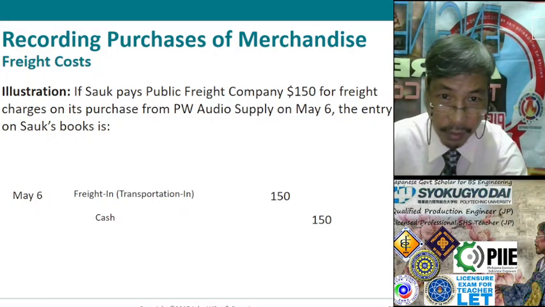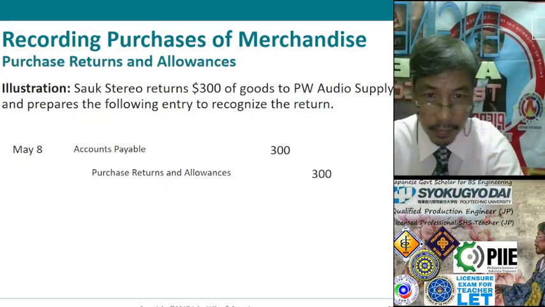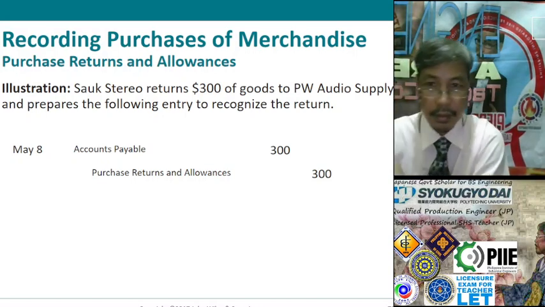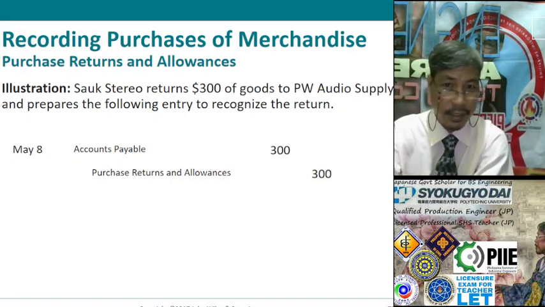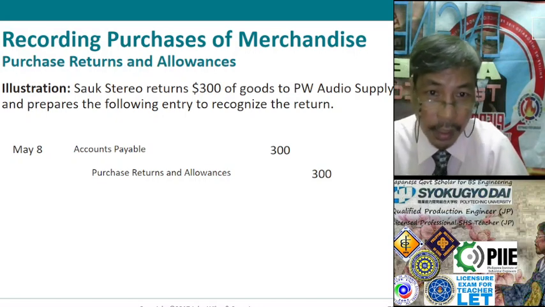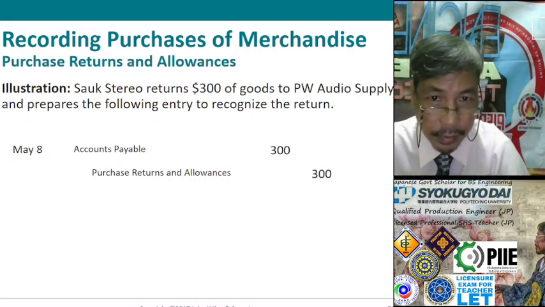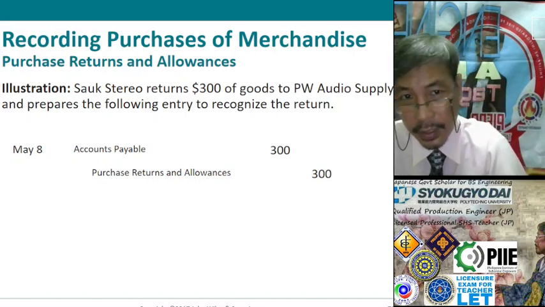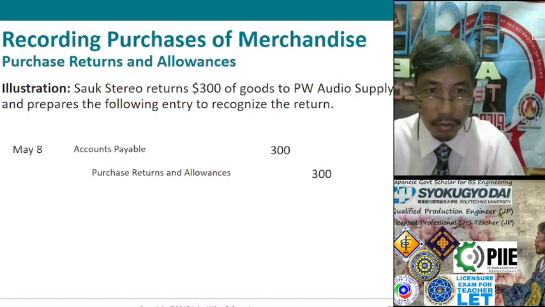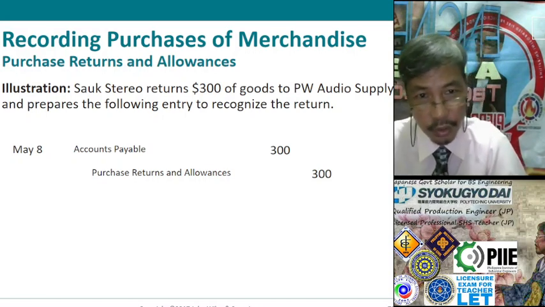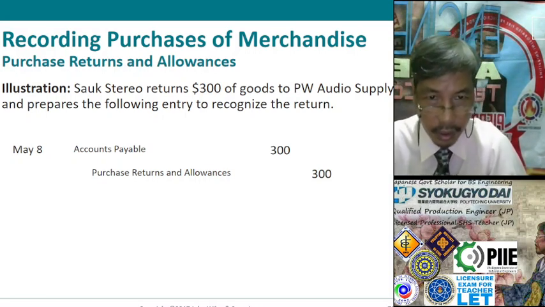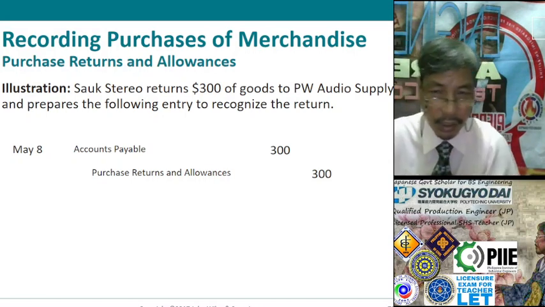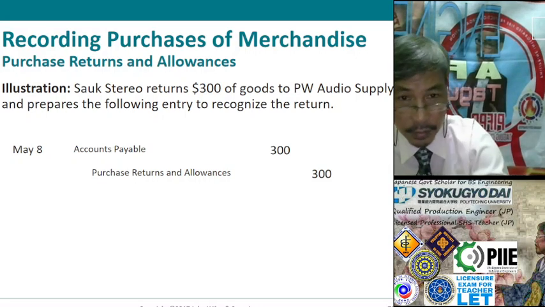So we have an account for freight in rather than going to the inventory directly. Accounts payable and purchase returns and allowances. If the company returns goods, this accounts payable becomes lesser, so purchase returns and allowances.